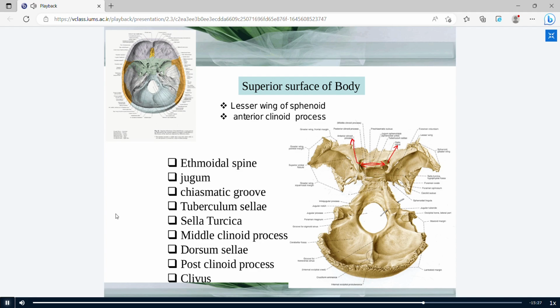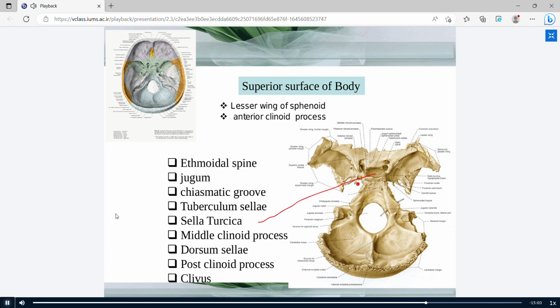Inferior to the chiasmatic groove, you can see the tuberculum sellae is here, and you can see a depression, the sella turcica. This is the sella turcica.